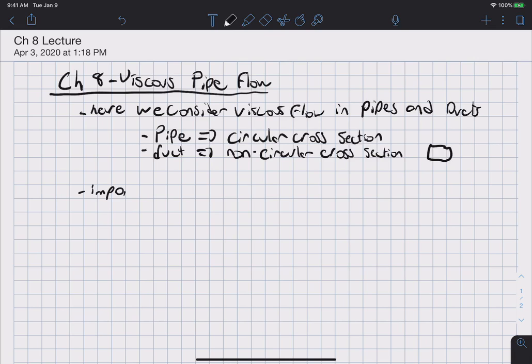And the analysis that we're going to learn in this chapter is important for analyzing long H2O, oil, gas, etc. pipelines. You can use it to analyze hydraulic systems.